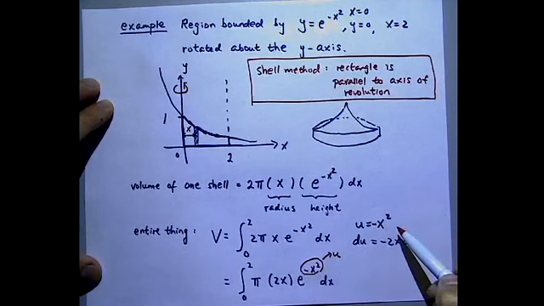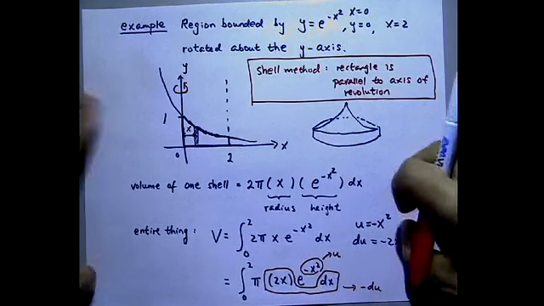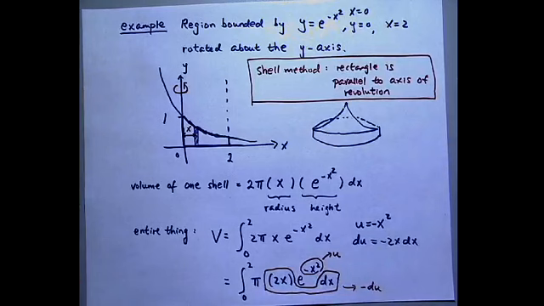That's our definition of u. And then 2x dx together turns into what? Negative du. Good. 2x dx. If I had a minus sign in front, I get du, but I'm missing that. So 2x dx turns into minus du.